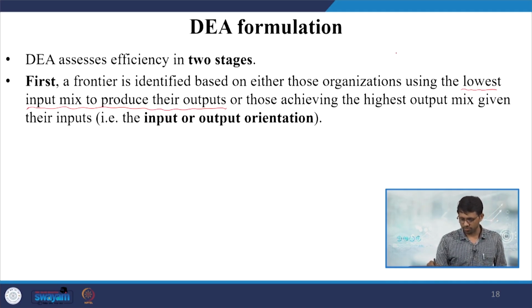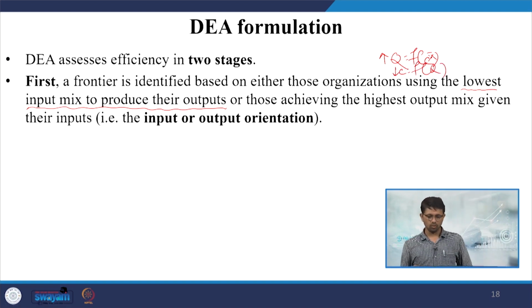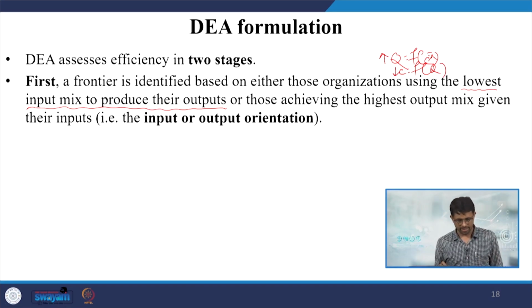Q is a function of x, where the target is either to maximize given this, or to minimize the cost C as a function of the level of Q. Whichever direction we take, our target is to achieve either the lowest input mix or the highest output mix given the inputs.